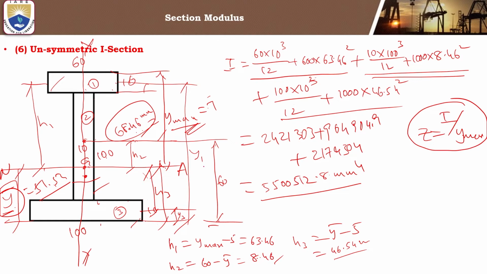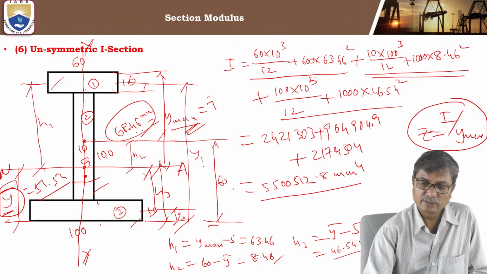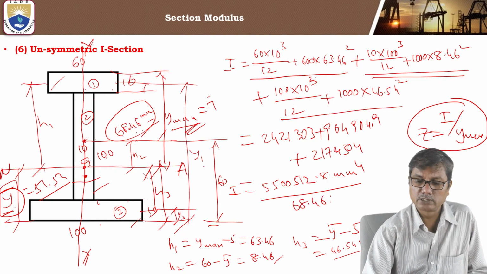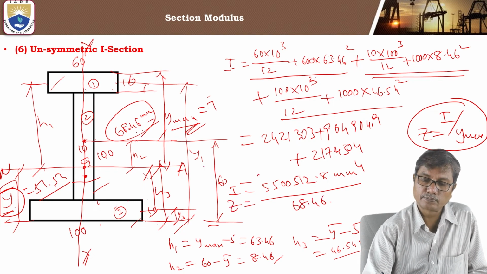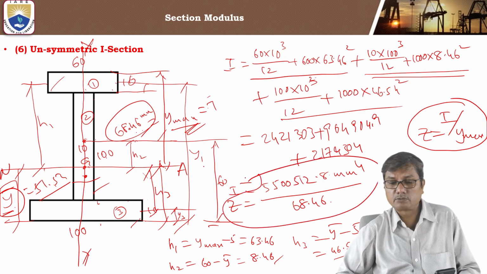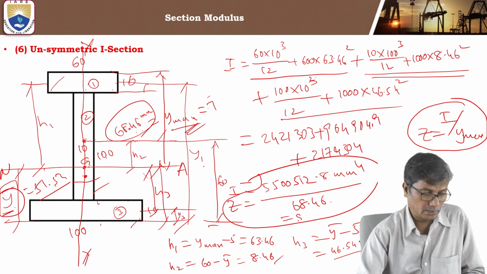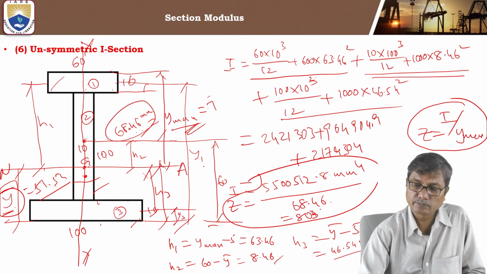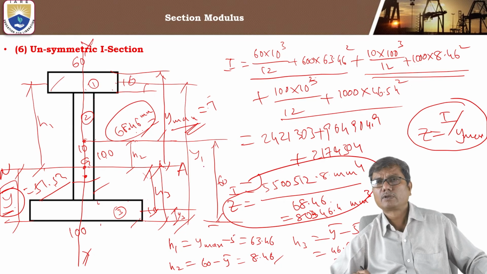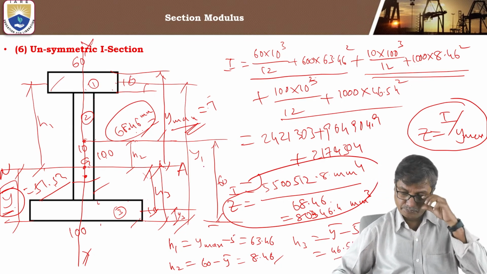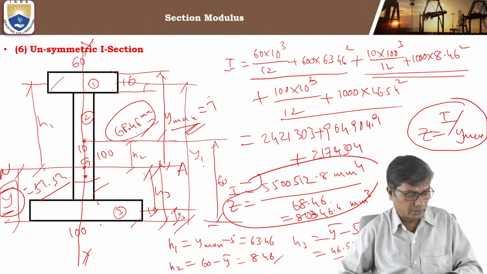So Z is dividing this I value with 68.46. That gives the Z value, the section modulus. The units will be mm cube, and it is 80346.4 mm cube.